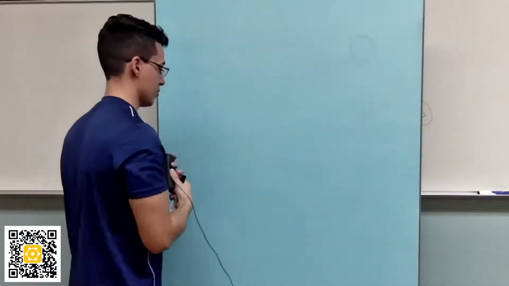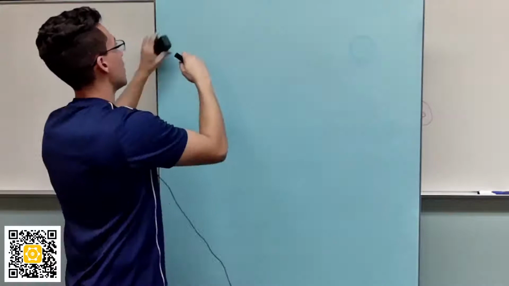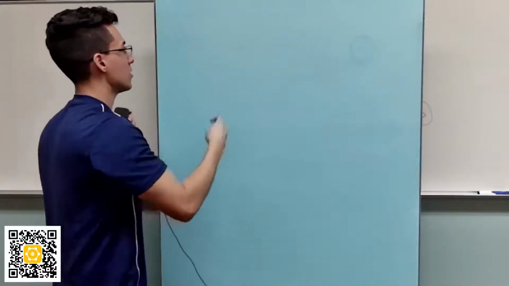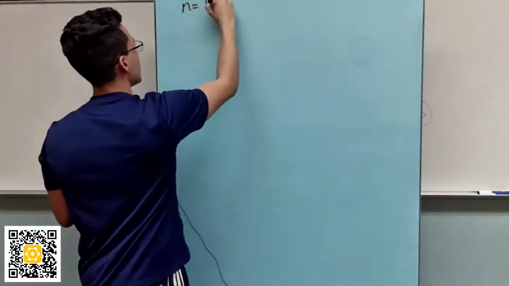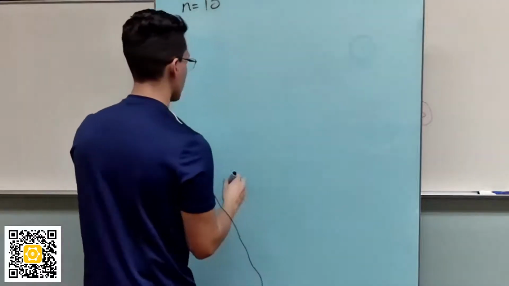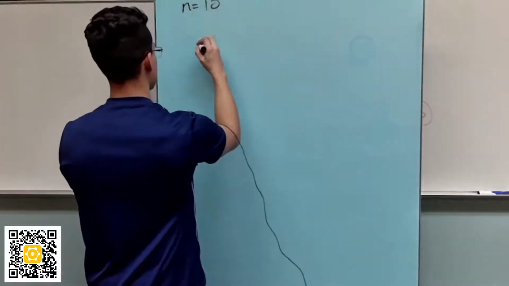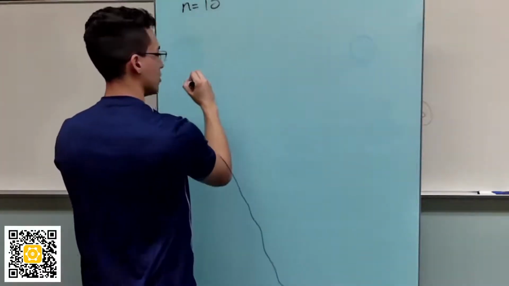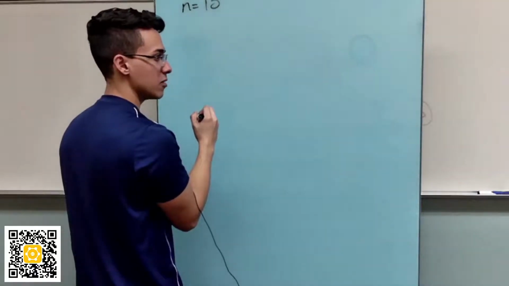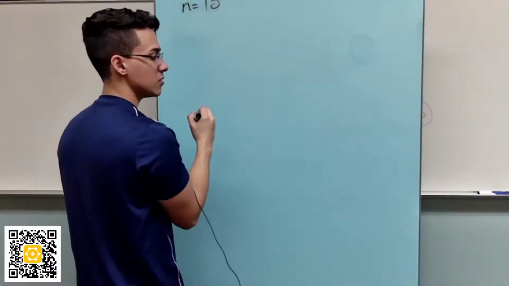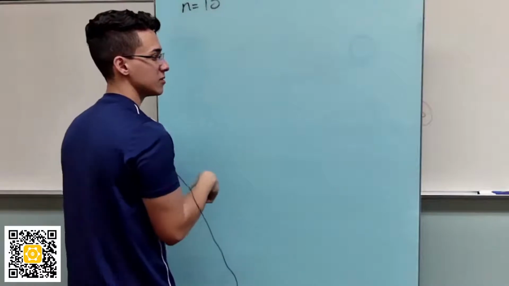Okay, so you have n rooms. Let's say n equals 10. All the rooms are locked except for 0, labeled 0 to n minus 1. I can write down the first example.